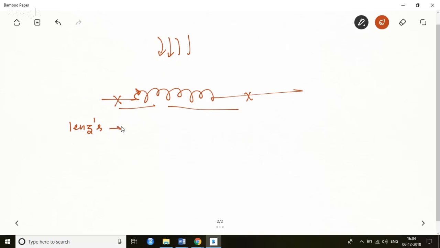Lenz's law tells me that the direction of the induced current, this current which is getting induced due to this varying magnetic field, would be in such a direction that it opposes the change which produces it.